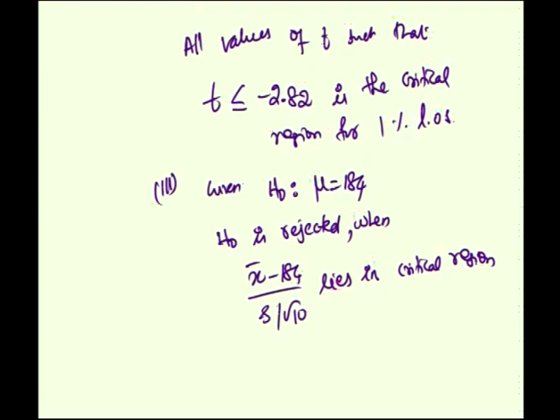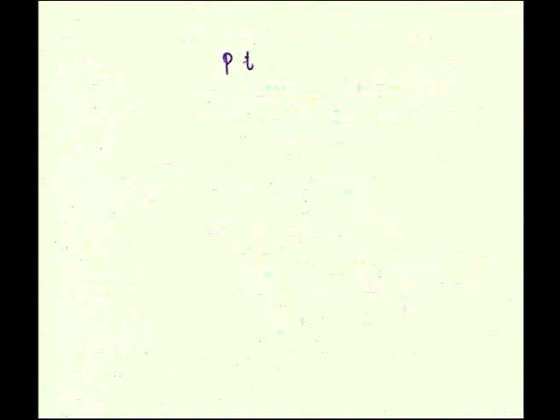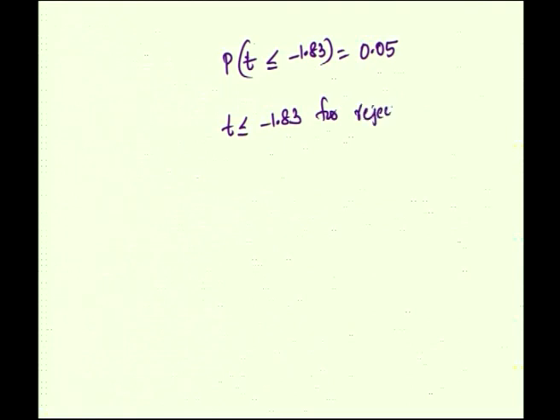We have just seen minus 1.83 is the critical region for 5% level of significance, isn't it? So, we have just seen P of t less than or equal to minus 1.83 is the critical region for 5% level of significance. So, we take t less than or equal to minus 1.83 for rejecting H naught.